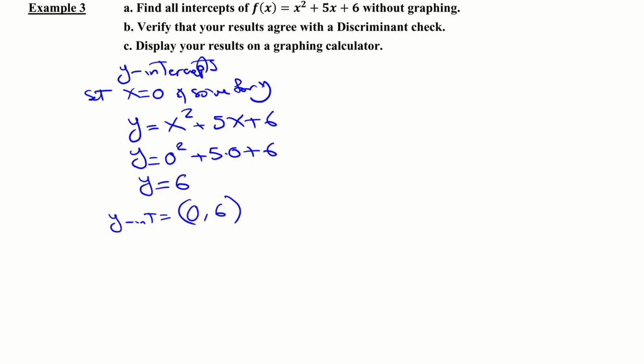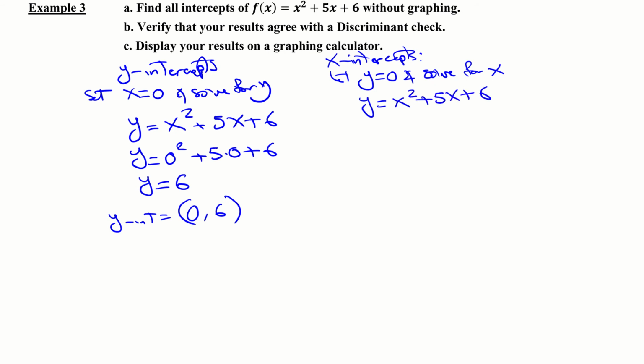Now, for the x-intercepts, we do the opposite. For the x-intercepts, we're going to let y be 0 and solve for x. So remember, the equation is y equals x squared plus 5x plus 6.